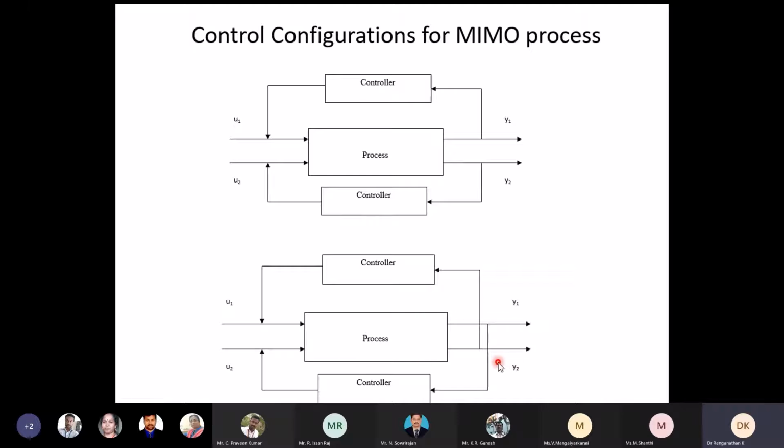When it is a single separate equation, a separate system, or a single controller, the process interaction will not be of that much importance. Whereas when you go for a multi-input multi-output process, it is a big aspect, so we have to take it into consideration.